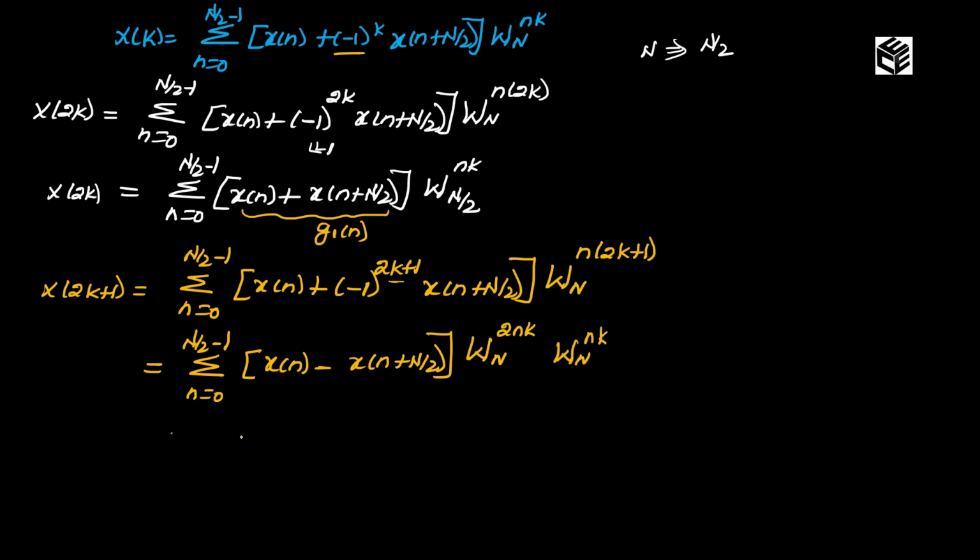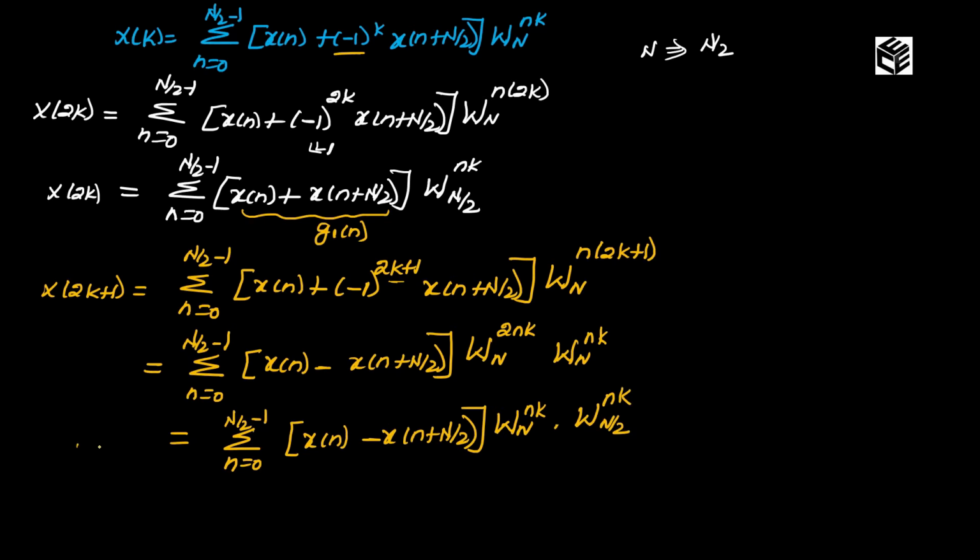So I can write this as summation n equal to 0 to N by 2 minus 1, x of n minus x of n plus N by 2, multiplied by W n to the power nk into W N by 2 power nk. Okay, so this is my expression for x of 2k plus 1.